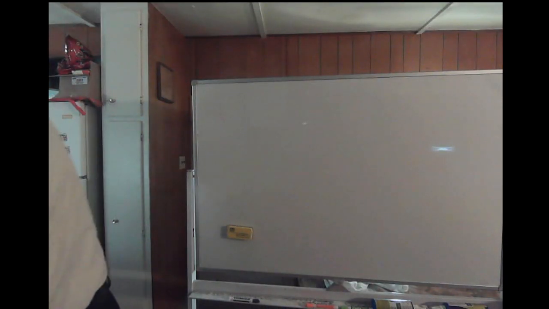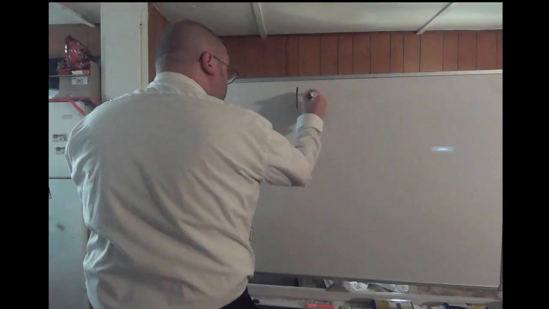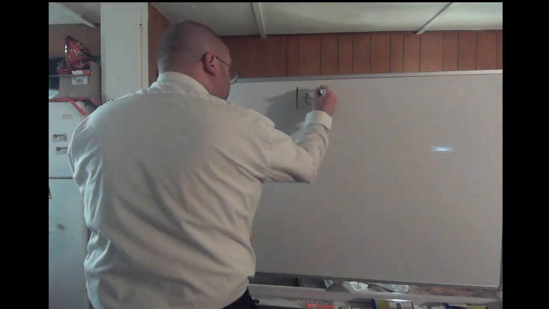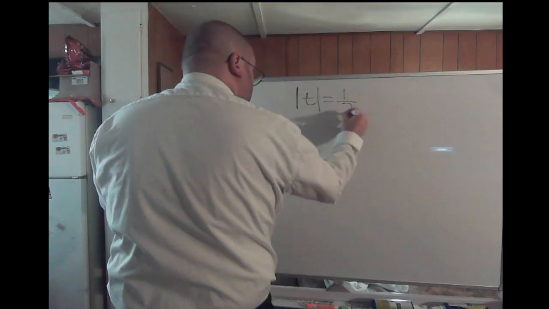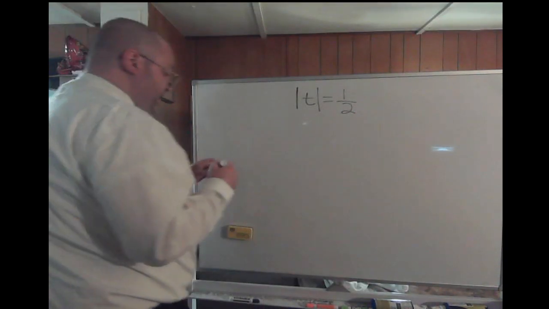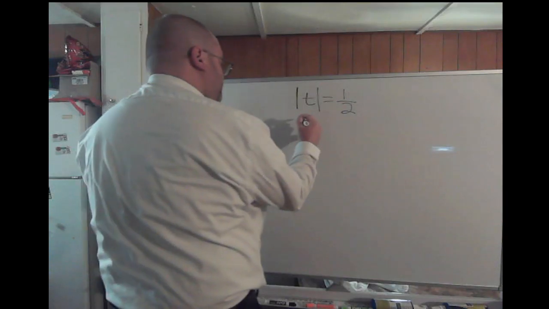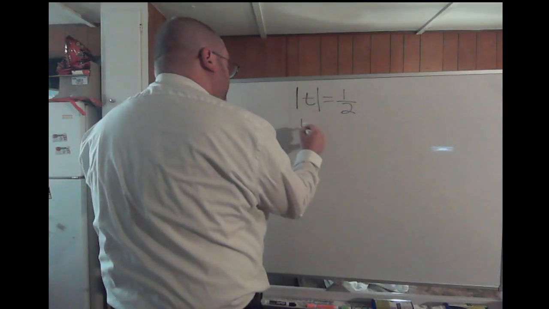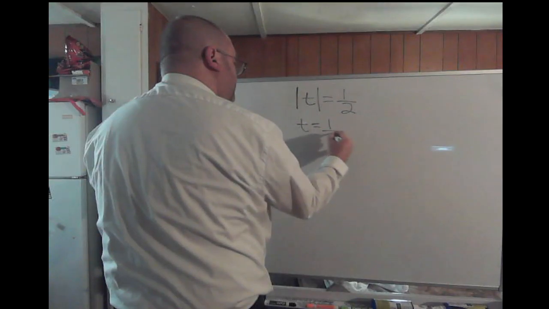Let's see here. We got the absolute value of t is equal to 1/2. Well, what you're going to do is just take t without the absolute value. T is going to equal, of course, the positive 1/2.